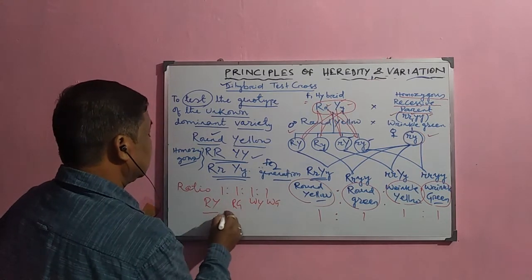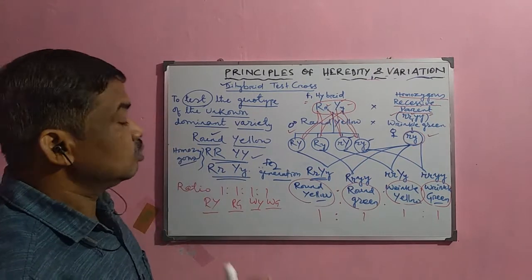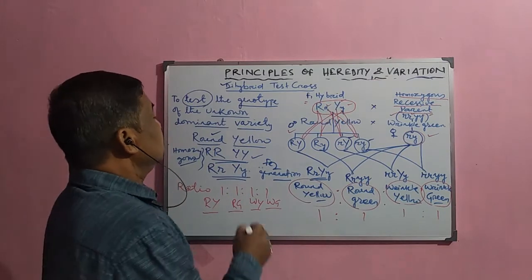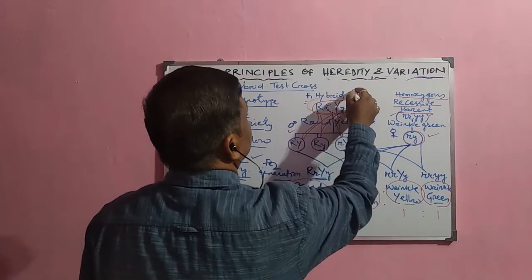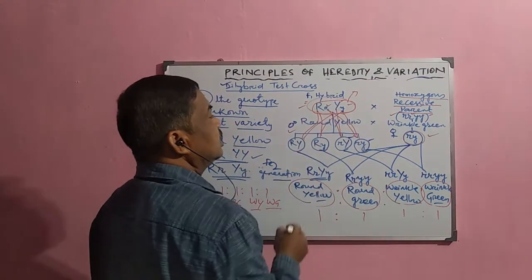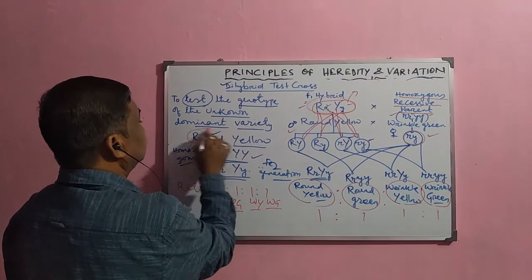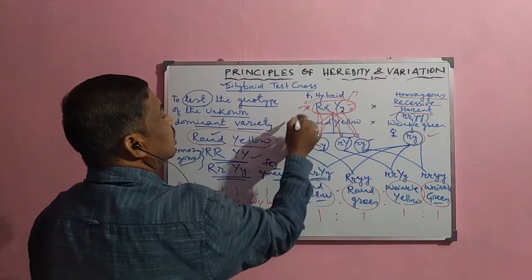So if the ratio of all four varieties is 1:1:1:1, then the genotype of this dominant parent is heterozygous. Suppose we are taking this dominant round yellow variety, because this genotype we cannot observe from the outside.